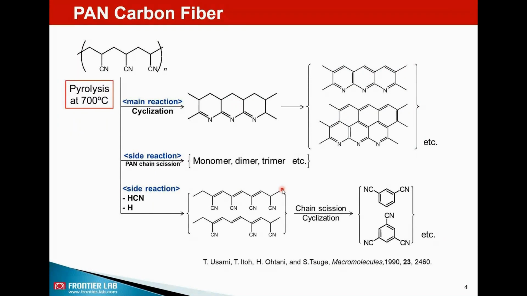When you do a pyrolysis of this PAN carbon fiber, it can go through three different kinds of reactions. One is the main reaction we intend, the cyclization through calcination. There is also a side reaction of the unreacted polyacrylonitrile polymer, which shows decomposition products of monomer, dimer, and trimer.